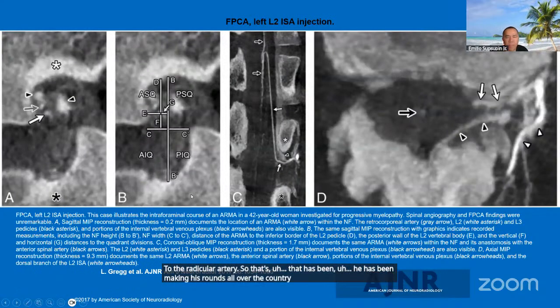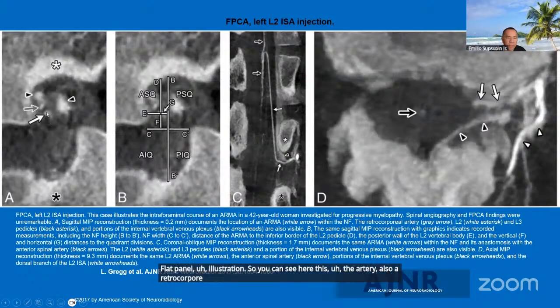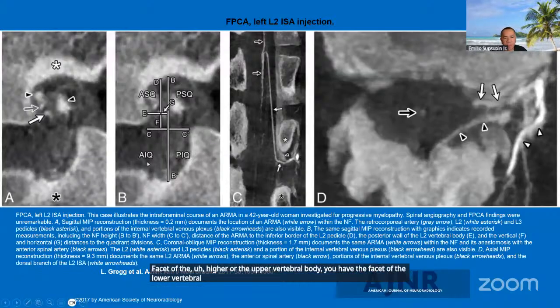This is an example of a flat panel illustration. So you can see here the artery, also a retrocorporeal artery, the radiculomedullary or radicular artery. You have the venous plexus by these arrowheads, and you have the facet of the upper vertebral body. You have the facet of the lower vertebral body. Again, they did measurements.